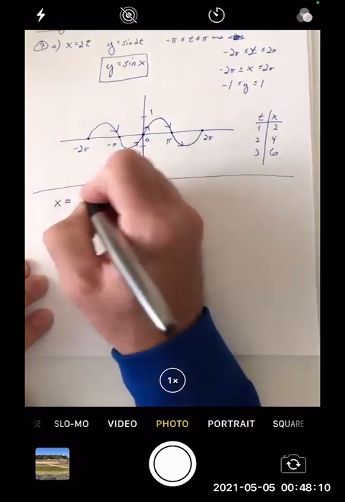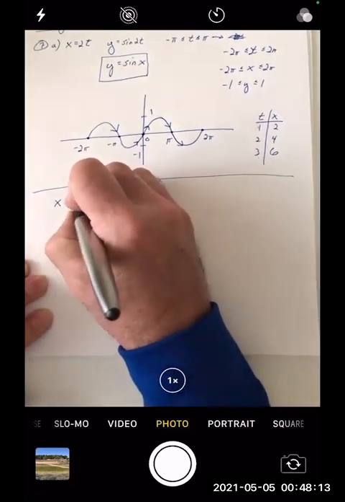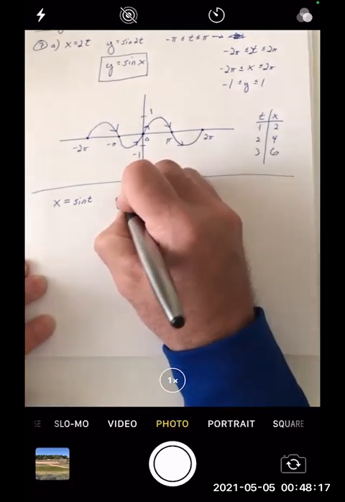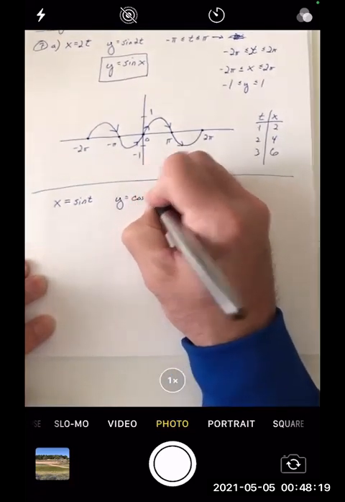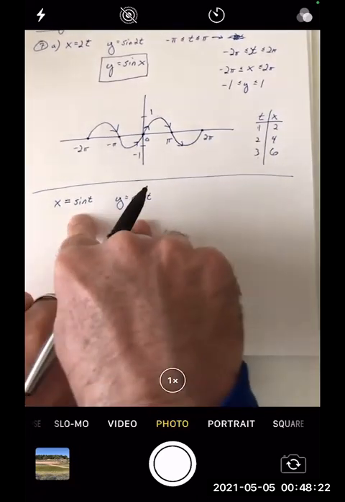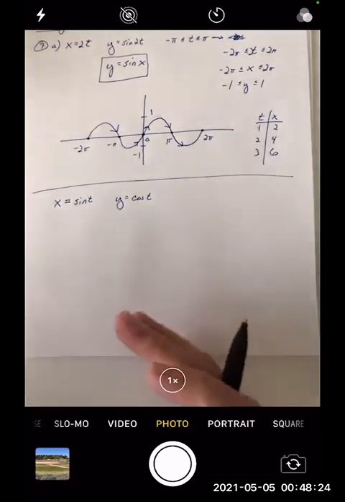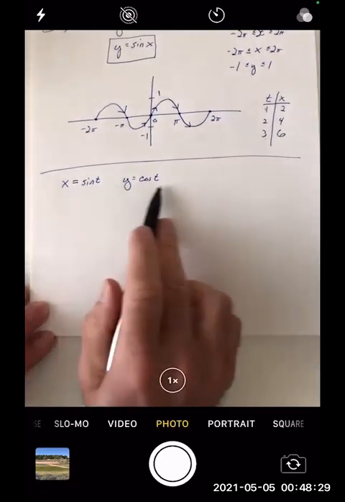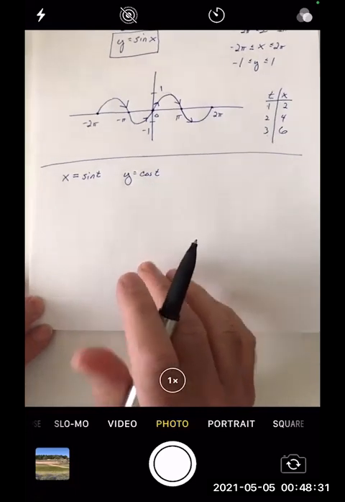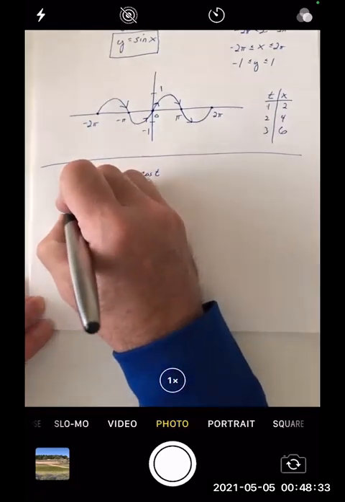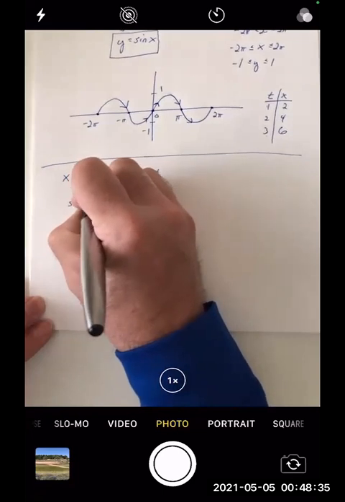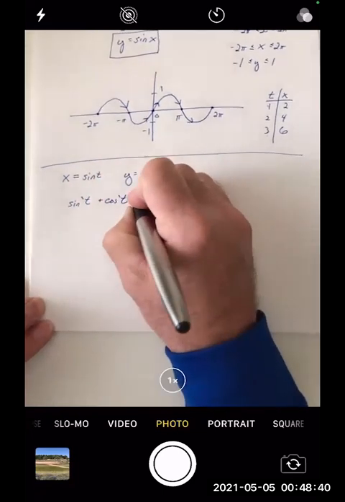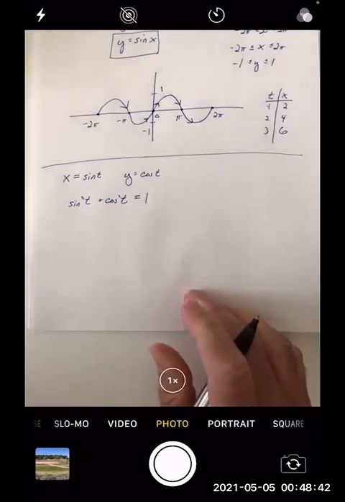There were 2 versions. One of them was x equals sine of t and y equals cosine of t. The other problem had the trig functions flip-flopped, but you do them pretty much in the same manner. With these, we're going to use a trig identity: sine squared plus cosine squared is equal to 1.